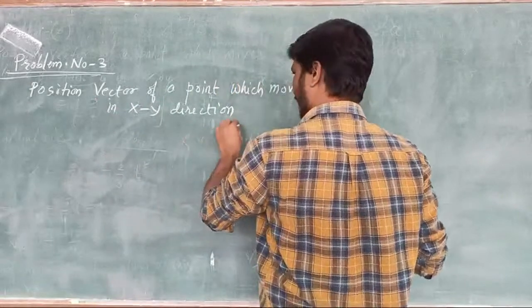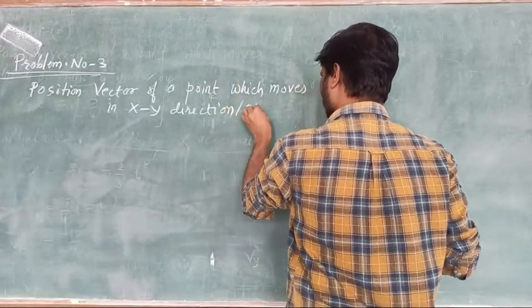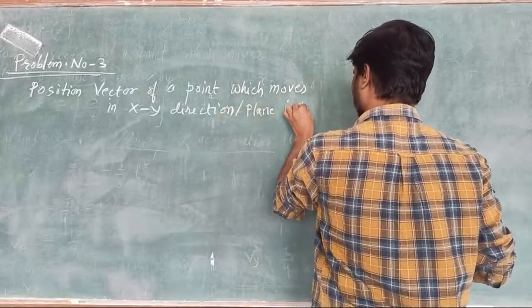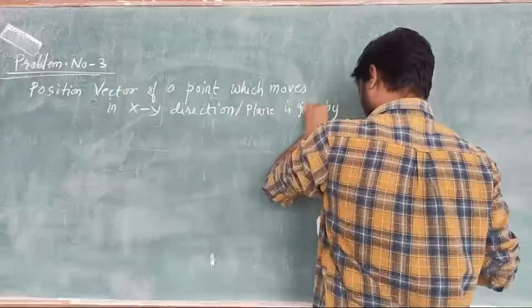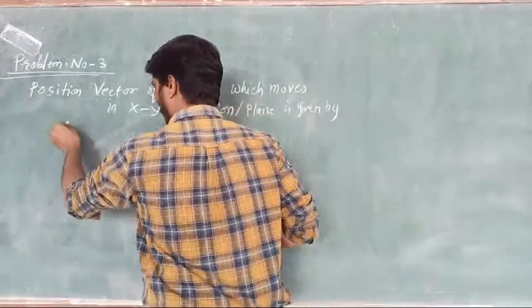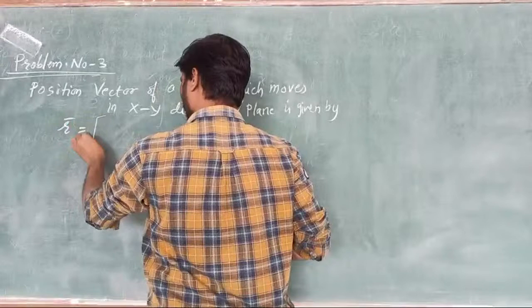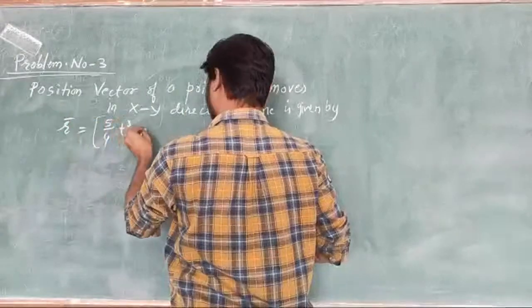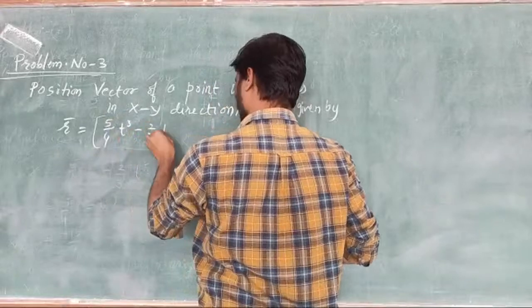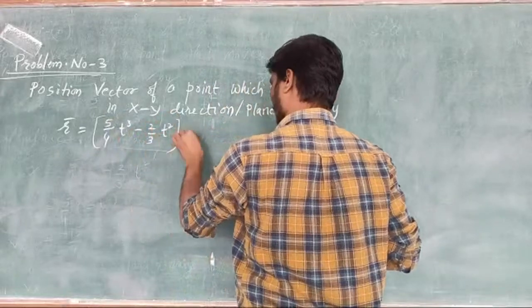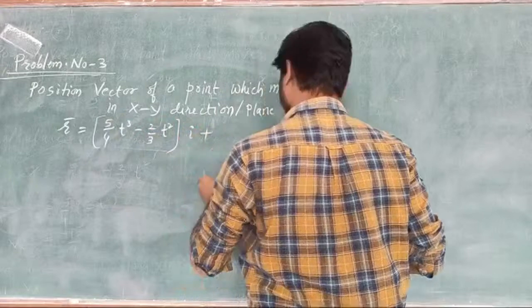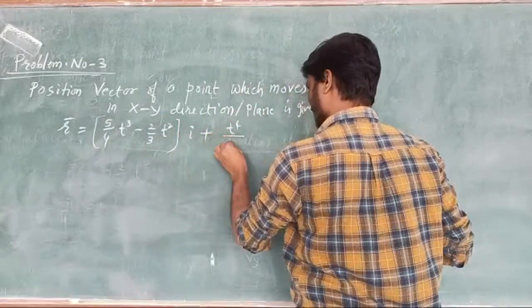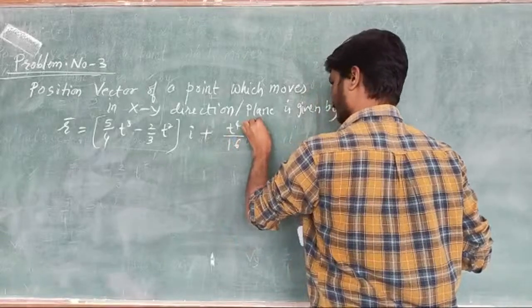The position vector in the xy plane is given by r bar is equal to (5/4 t cube minus 2/3 t square) i plus (t power of 4 by 16) j.